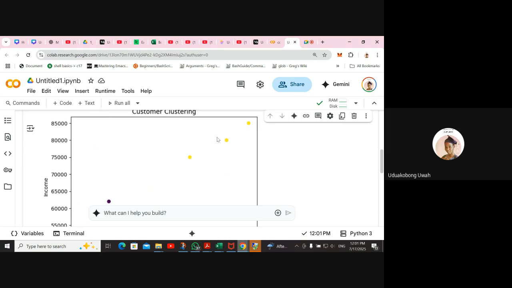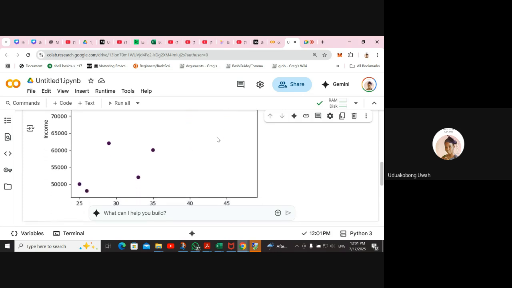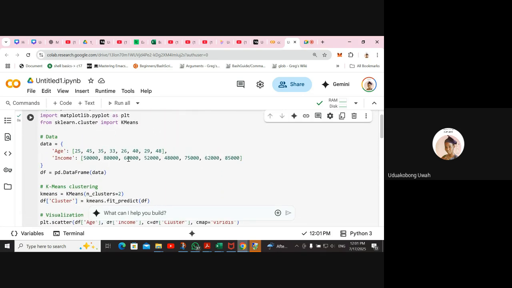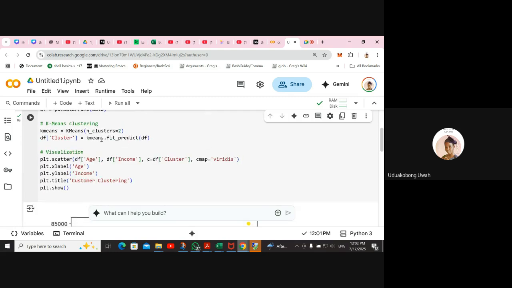So this is just a very simple illustration of k-means, using what we've been doing before, to try to make it simple. We use the k-means algorithm to make clusters of similar groups.